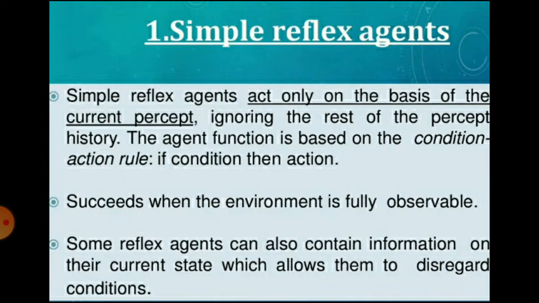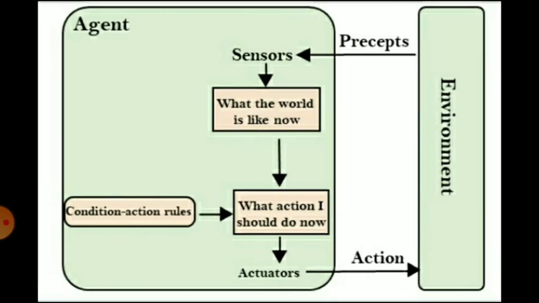A simple reflex agent uses just a condition action rule. The rules are in the form of if and then. So simple reflex agents are efficient, but their intelligence is limited. You can see this is a simple reflex agent. Reflex means immediately takes action. That is the meaning of reflex.